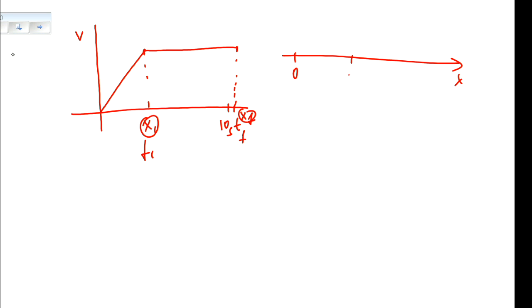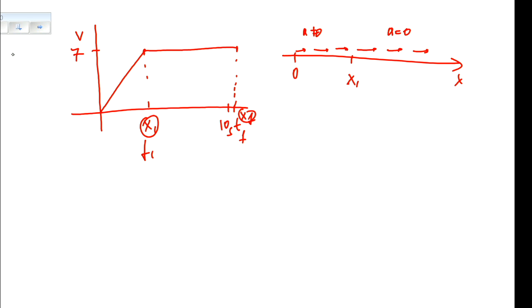The guy is speeding up, travels faster and faster, and then travels keeping velocity constant. So acceleration is not 0 here. Acceleration is 0 here.